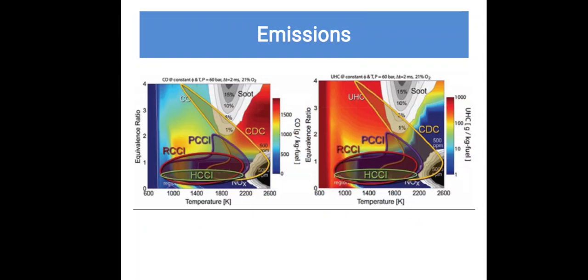RCCI zones are shown by the red regions and come under the lower equivalence ratio, and the temperature range also. The temperature range for RCCI engines is below 2200 Kelvin and the equivalence ratio is less than 2, that is, it is a lean mixture.